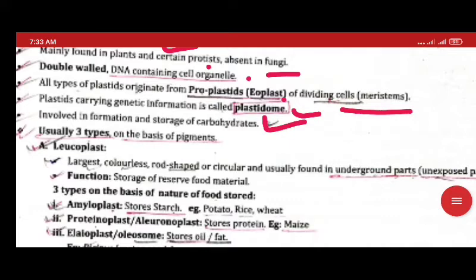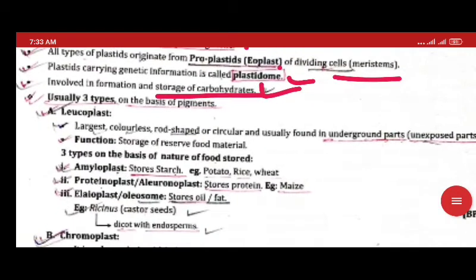The main plastid function is storage of carbohydrates and formation of what? Formation of food. This involves formation and storage of carbohydrate, that is food.